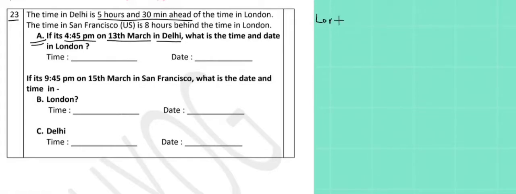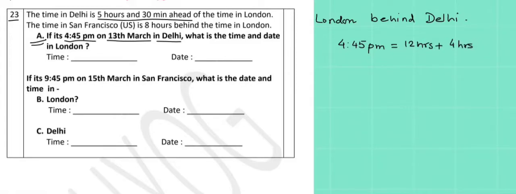So we can see that London is 5 hours 30 minutes behind Delhi, which means we have to subtract 5 hours 30 minutes from 4:45 p.m. So 4:45 p.m. means that it is 12 hours plus 4 hours and 45 minutes, which is 16 hours 45 minutes, that is 16:45 in 24-hour format.